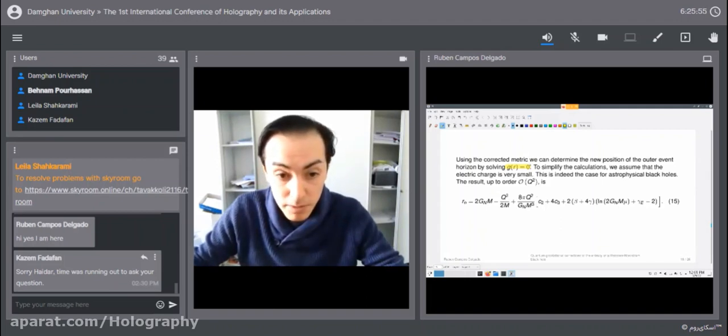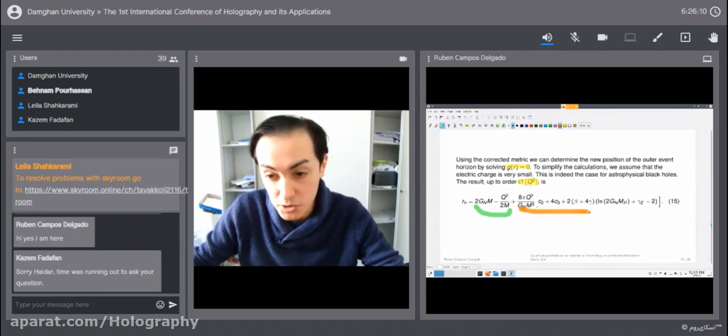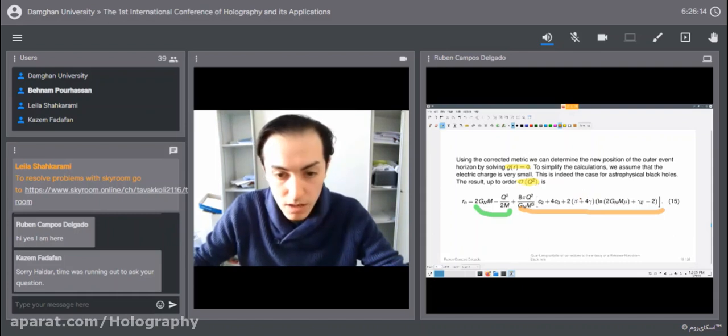And if we solve this equation up to order Q squared, then we find this new radius. So this is the classical radius for a Reissner-Nordström metric up to order Q squared, while this is the new contribution due to the quantum effects.